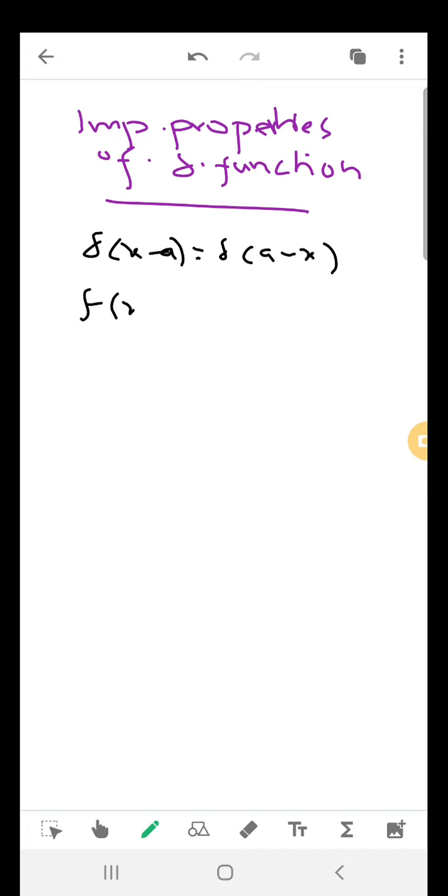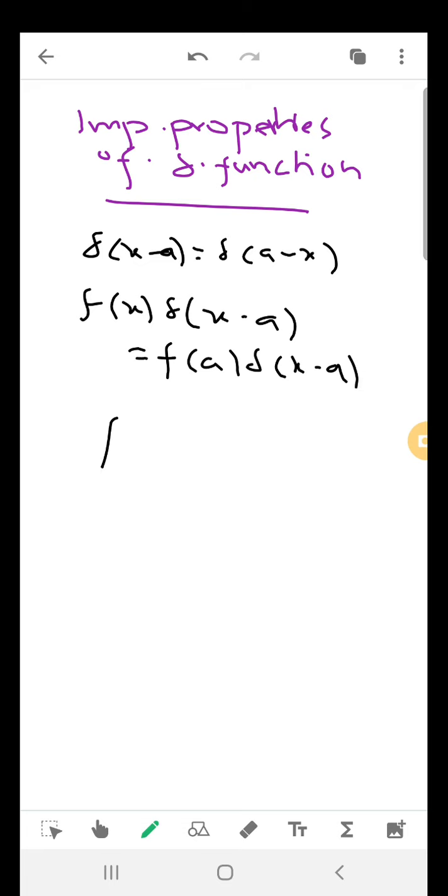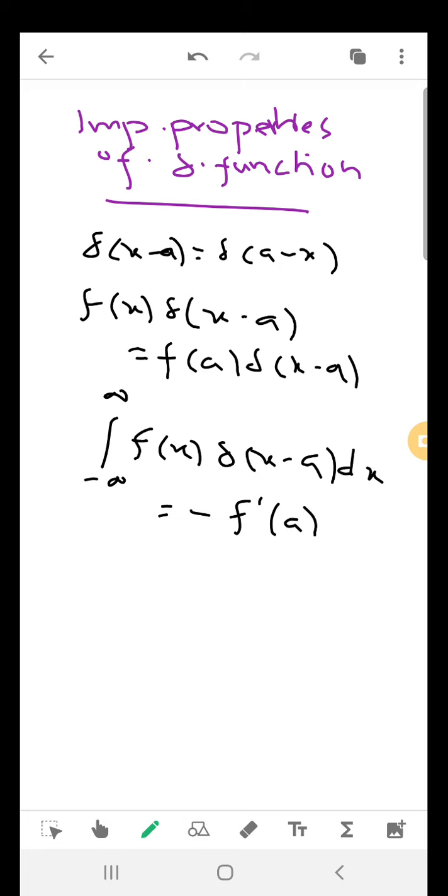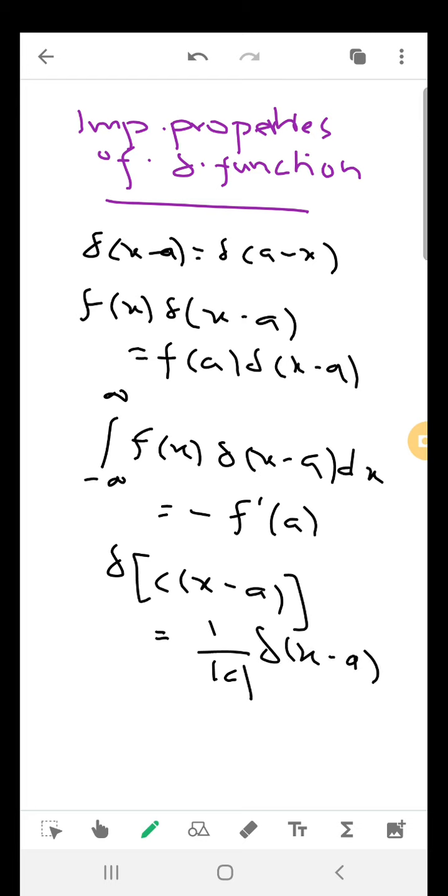Then f x delta x minus a is equal to f a delta x minus a, and integration from minus infinity to plus infinity f x delta x minus a dx is equal to minus f dash a, and delta c x minus a is equal to 1 by mod c delta x minus a, where c is a real number and not equal to 0.